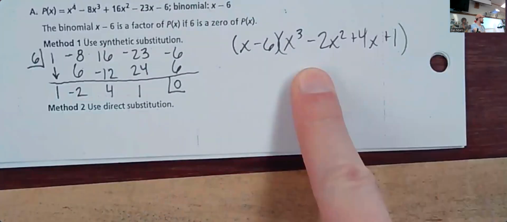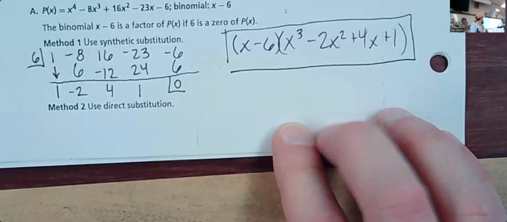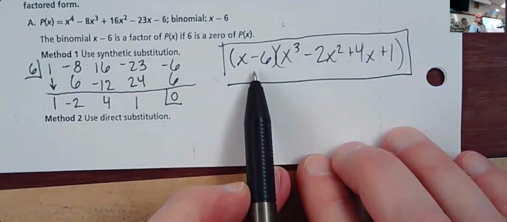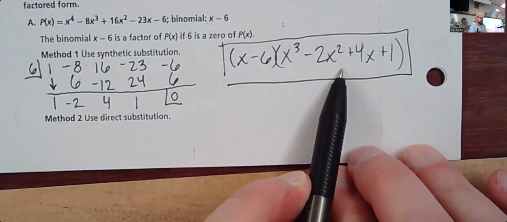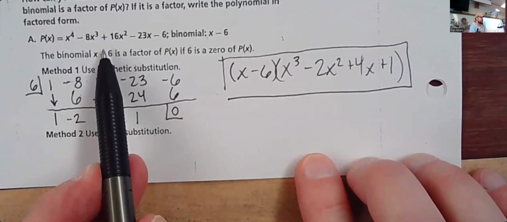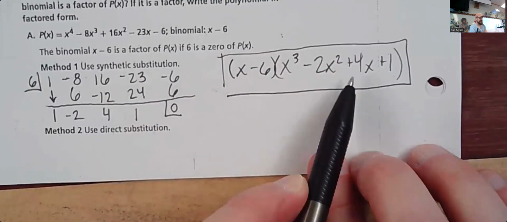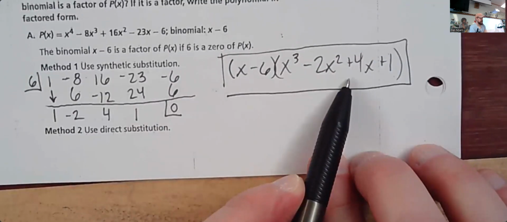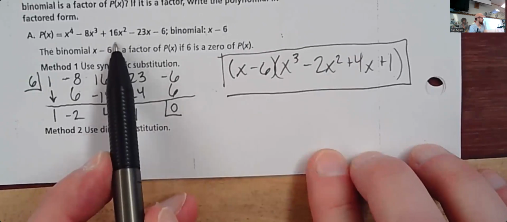That is factored form. Because if you multiply your divisor by the quotient, you would get back to the original polynomial. That's what we divided by. That was the answer. Multiply them together, get back to the original polynomial.